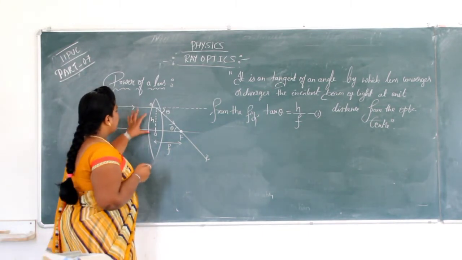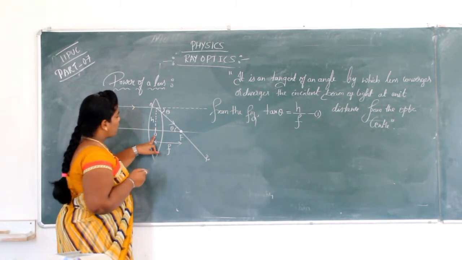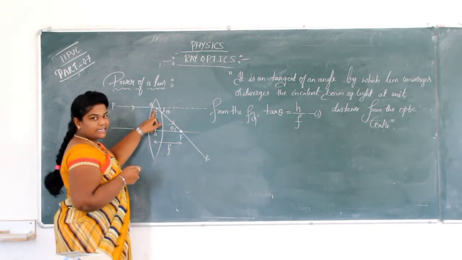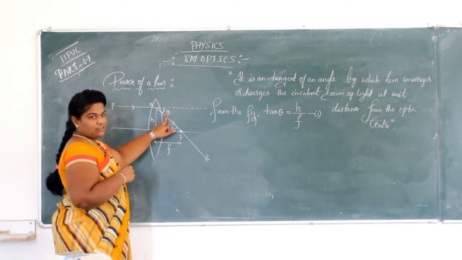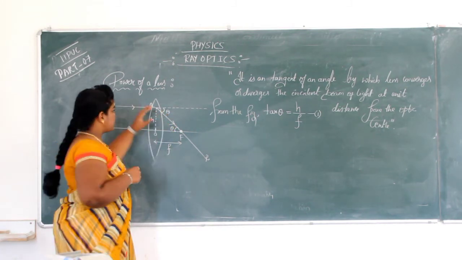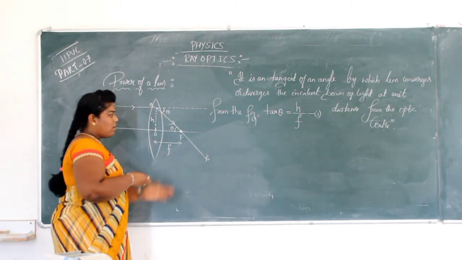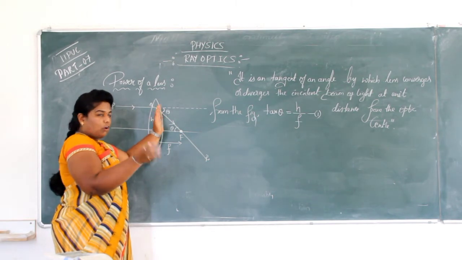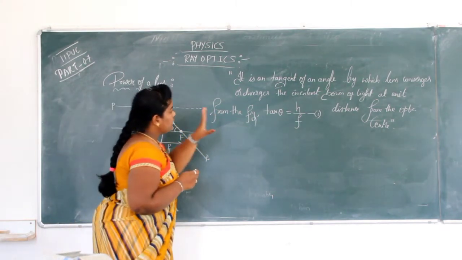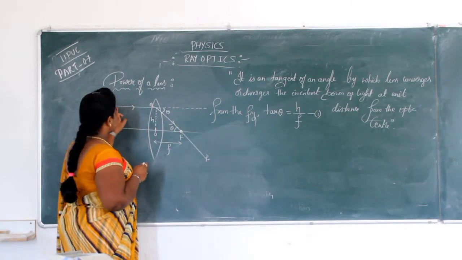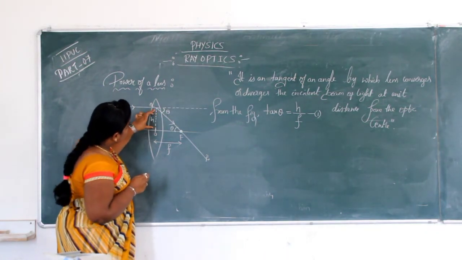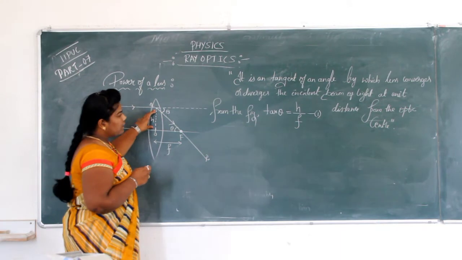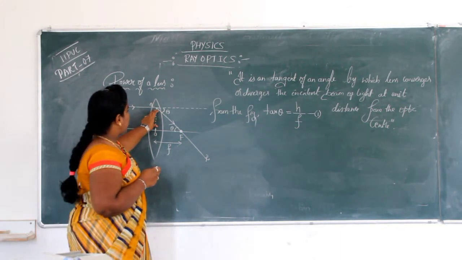It means this is the distance from the optic center to the incident ray. So it is the tangent of an angle by which it is going to converge, or going to diverge in the case of a concave lens, when the incident beam of light is incident at unit height from the optic center.